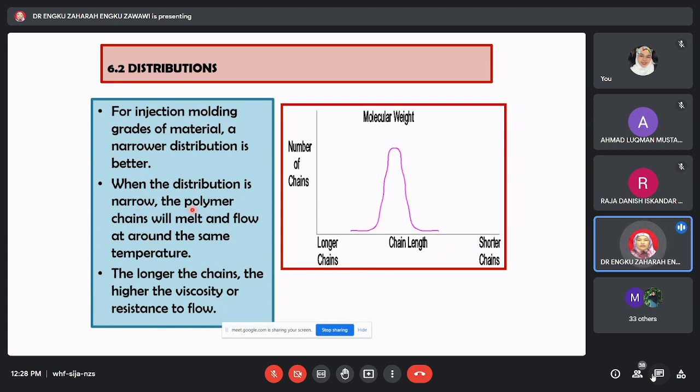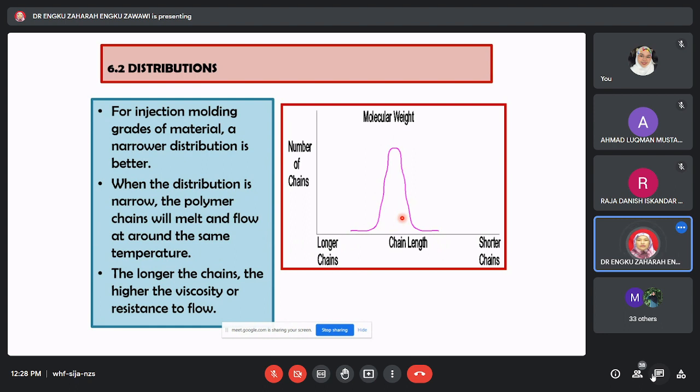When the distribution is narrow, the polymer chain will melt and flow at around the same temperature. Sebab kita tahu kan dalam injection molding process, we have to melt the resin and then the resin must be able to be fluid enough to be injected into the mold at high speed. Okay, so kalau dia terlalu likat, it's very difficult.